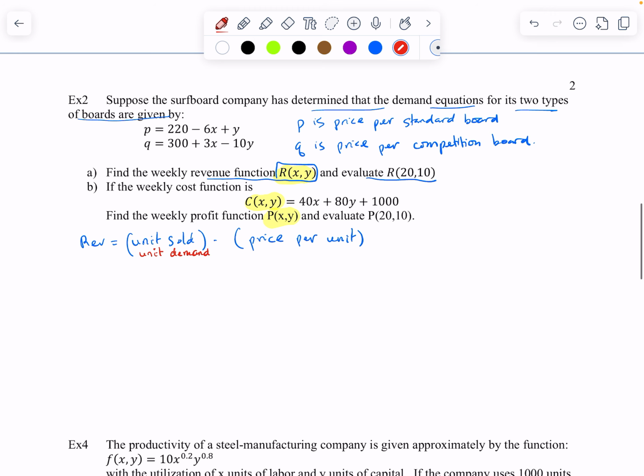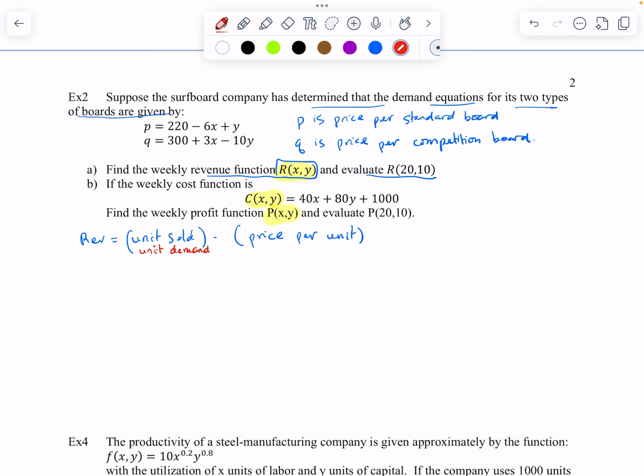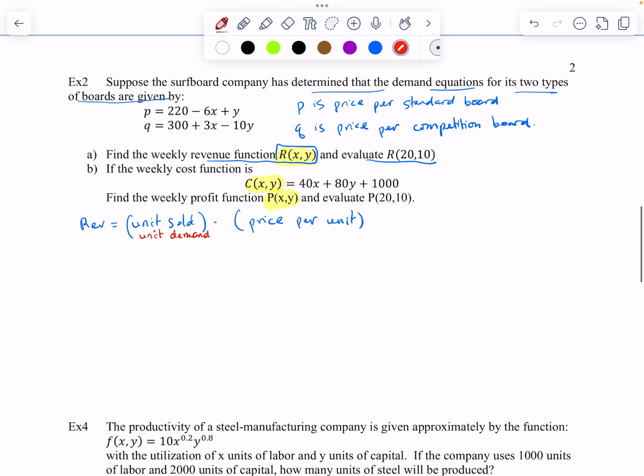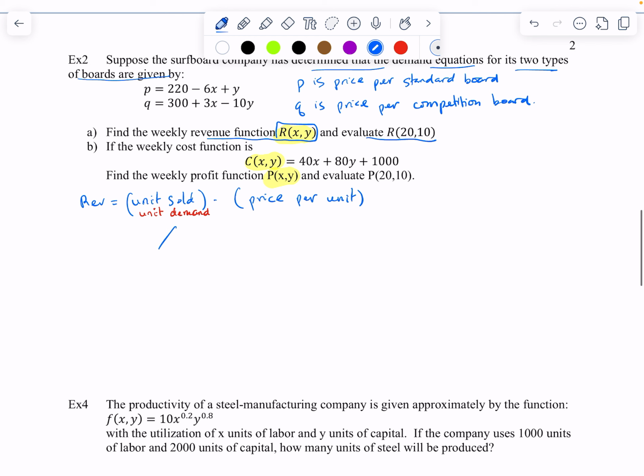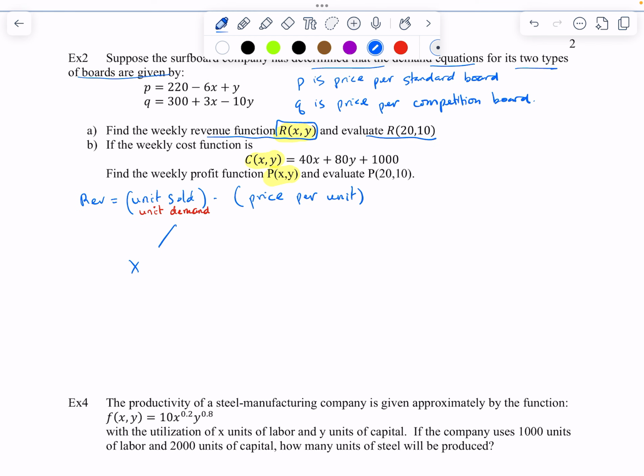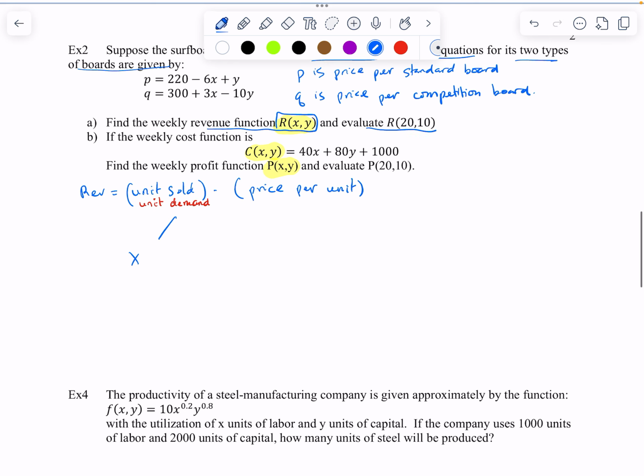For units sold, in this case, the company has two different types of boards. So we can have X, which is the standard board, and Y, which is the competition board.